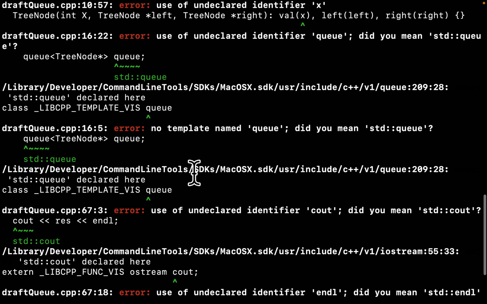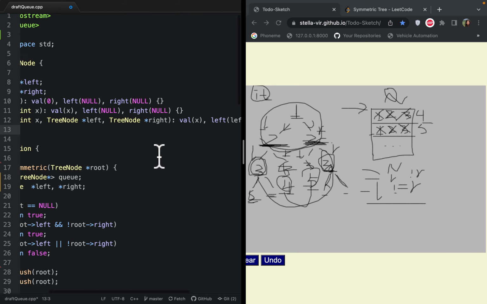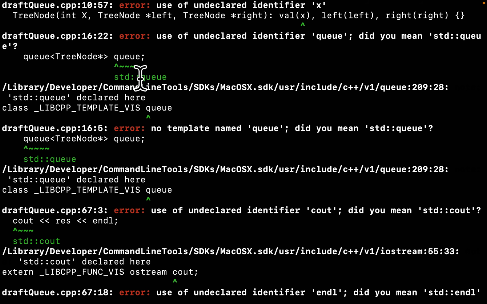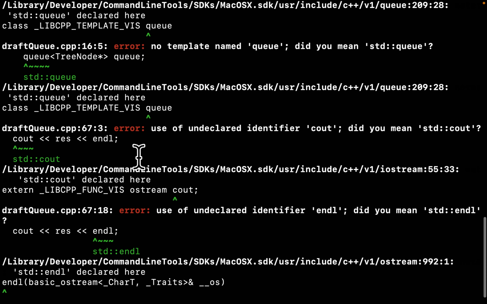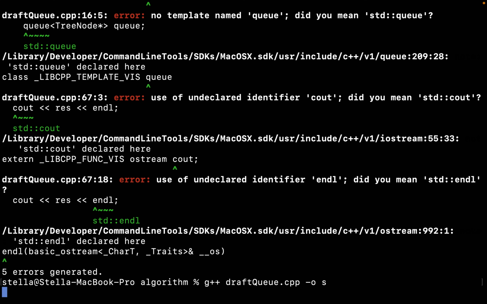Is there any other identifier? Oh, right. This one is lowercase. Yeah, std. I think. Let's try it again.